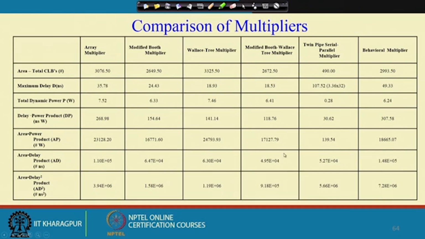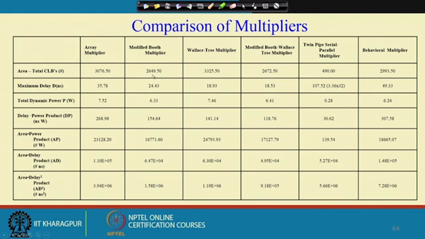Then the next is the modified Booth and Wallace tree multiplier, which requires 2672, and the Booth multiplier requires 2649.